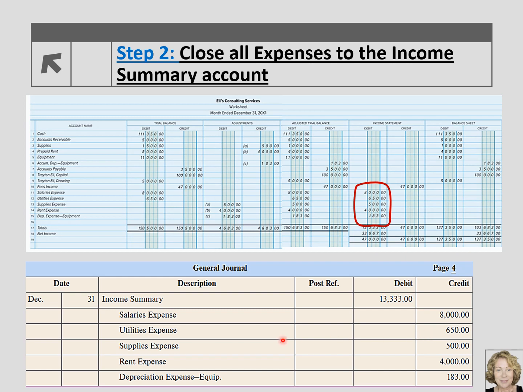On the next line, we'll write supplies expenses and a credit of $500, followed by rent expense and $4,000 on the next line. And lastly, we'll write depreciation expense equipment on the next line and a credit of $183. That's it for step 2. So we're now ready for step 3 of the closing process.